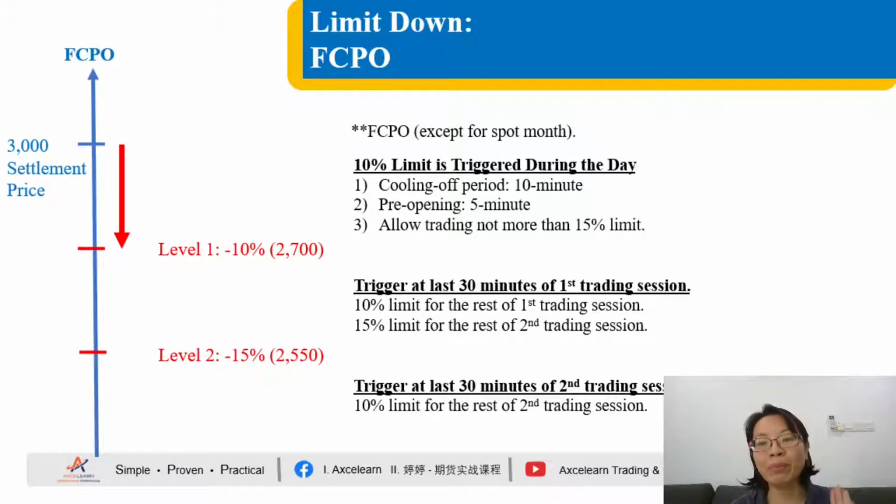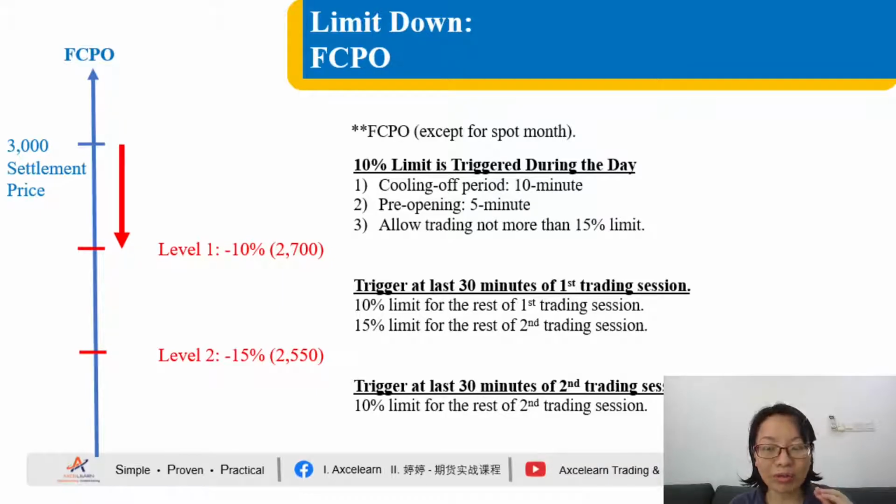So they put it at 10%, meaning so long as the price trades within the 10%, you're allowed to trade, but you cannot trade anything more than the 10%. You can still do some transactions. If the buyer and seller are willing to take the price, you can still trade within the 10%. So these are the things that you need to take note of.